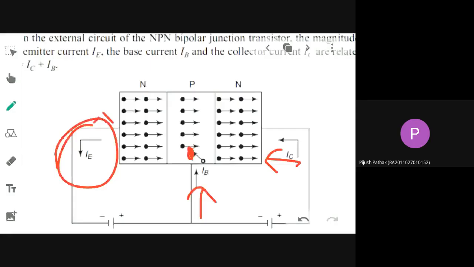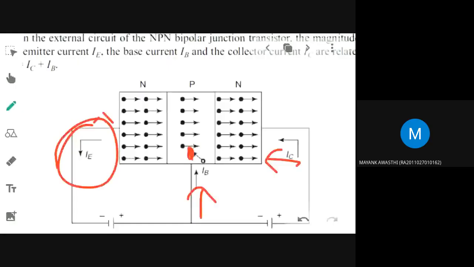IC plus IB. IC is incoming, IB is incoming, IE alone is outgoing for now.